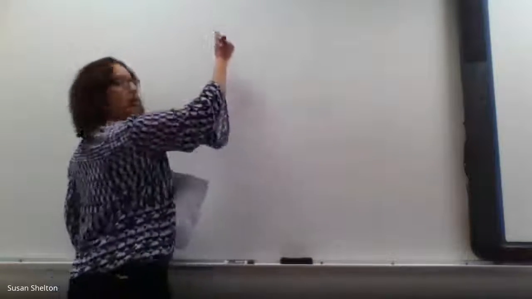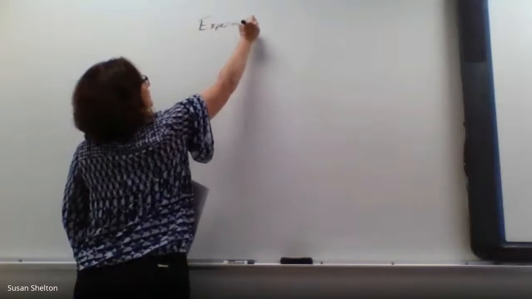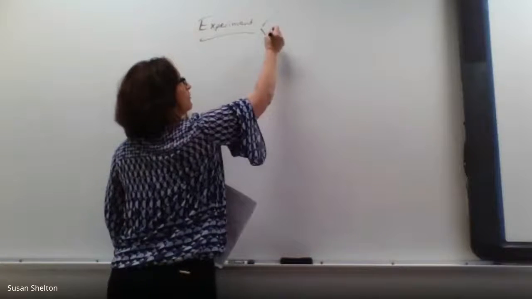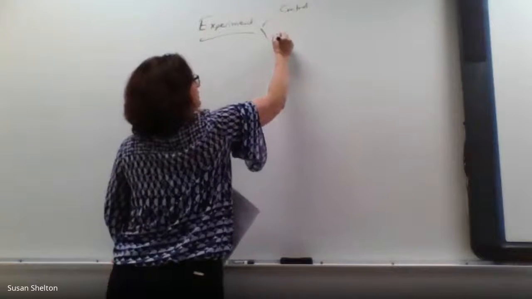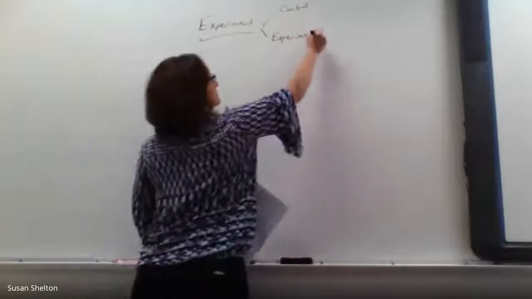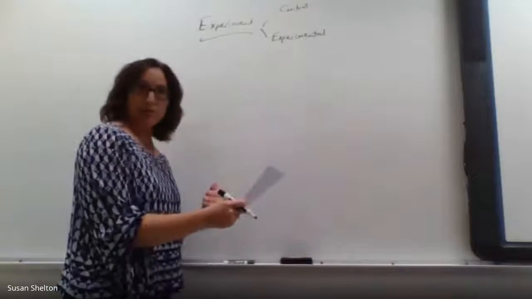And I'm going to start up here with the word experiment. And we know that we had two groups, the control and the experimental group. Okay, we already wrote that down. We want to keep going.